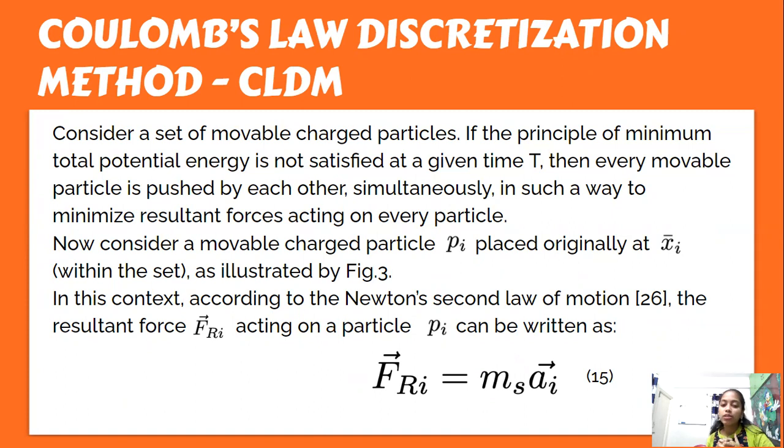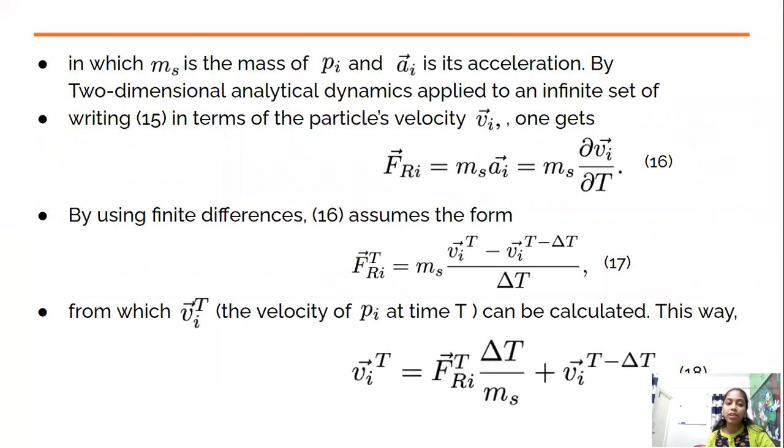Now consider movable charged particle Pi placed initially at xi within the set, as illustrated by figure 3. In this context, according to Newton's second law of motion, the resultant force Fri acting on the particle Pi can be written as Fri equals mi times Ai, in which mi is the mass of Pi and Ai is its acceleration, F equals ma.